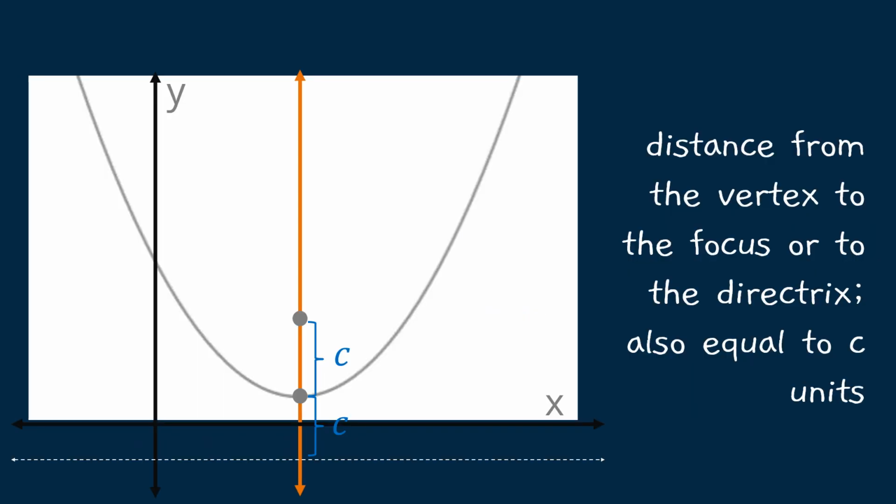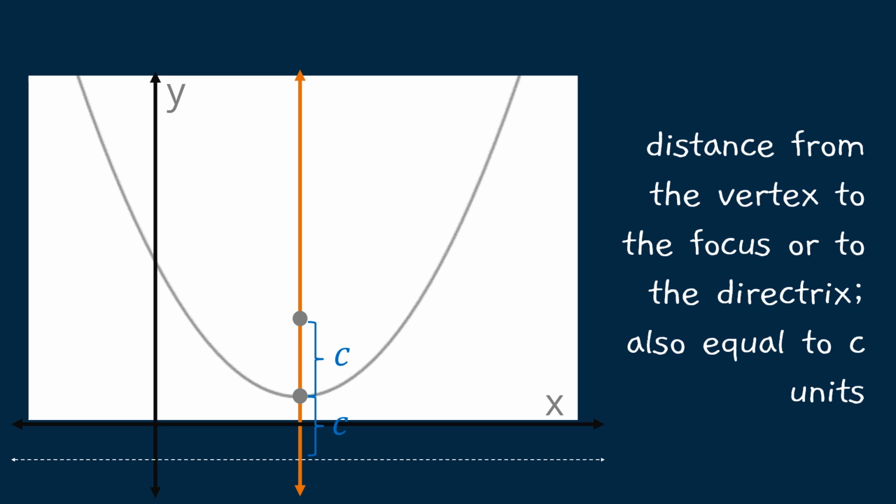Before we proceed to the next property, remember that the distance from the vertex to the focus, or vertex to the directrix, is equal to c units. The c units will help us determine the opening of the parabola, whether it opens upward, downward, left, or right, when we try to solve or identify what equation is being given.